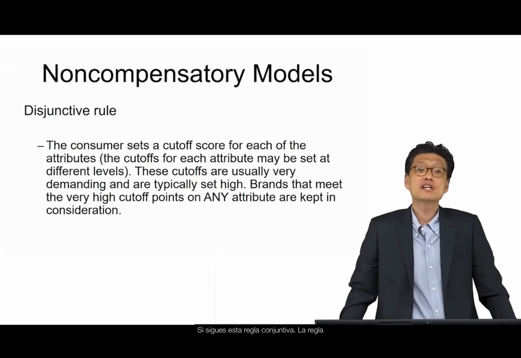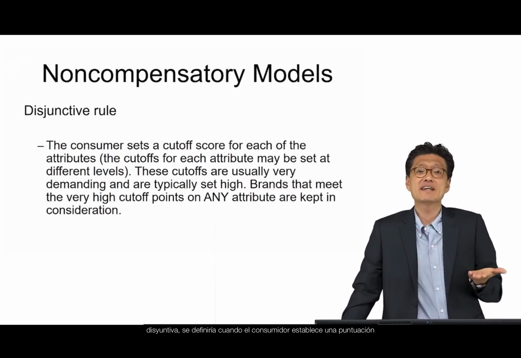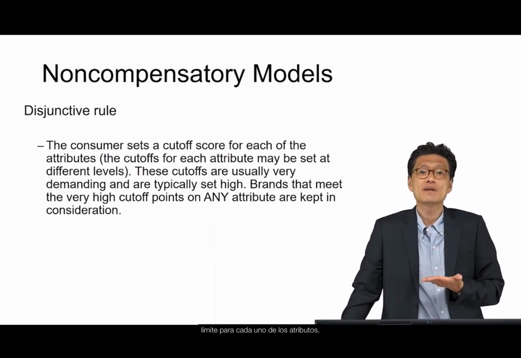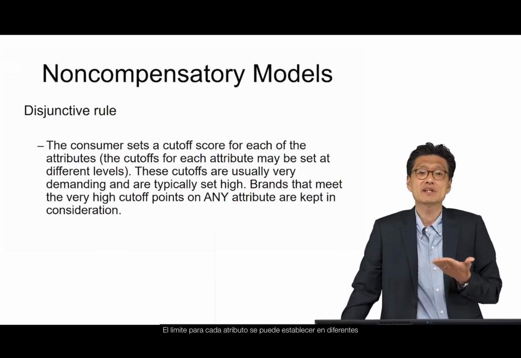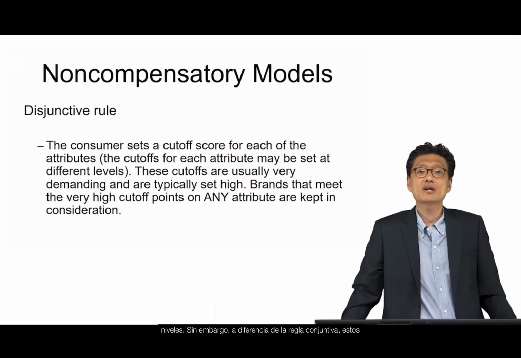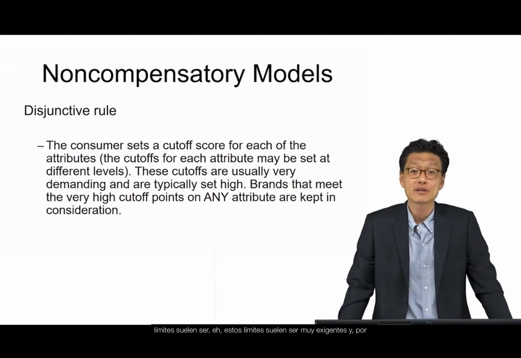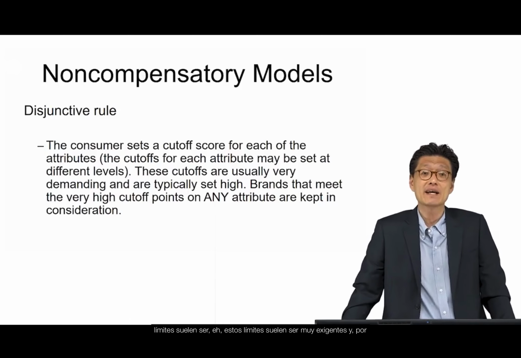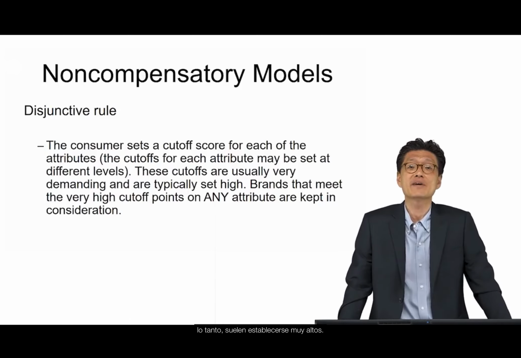The disjunctive rule would be defined as follows: the consumer sets a cutoff score for each of the attributes. The cutoffs for each attribute may be set at different levels again. However, unlike the conjunctive rule, these cutoffs are usually very demanding, and therefore are typically set very high.